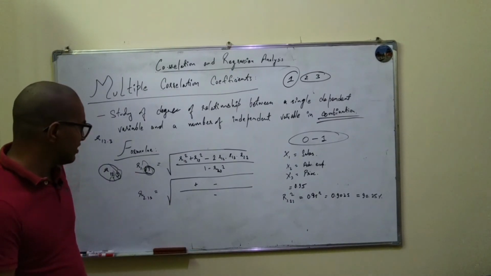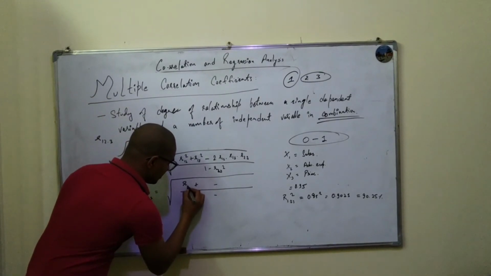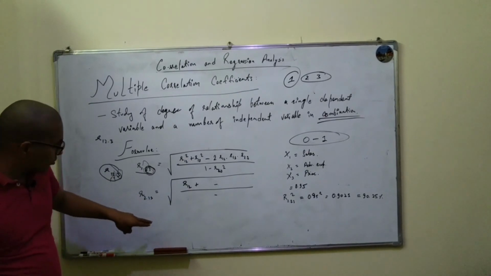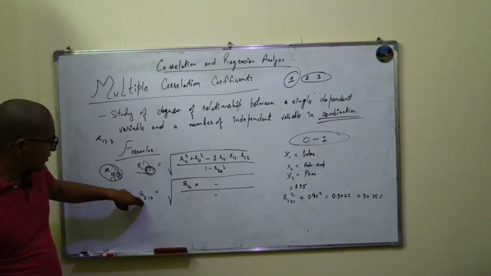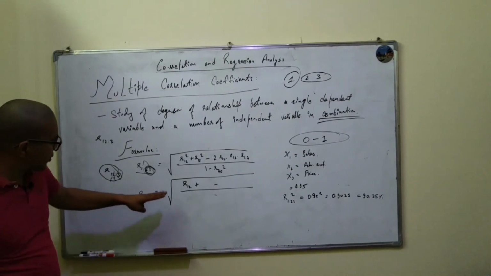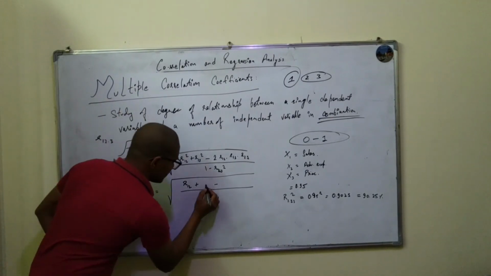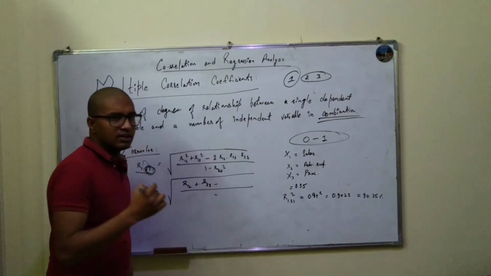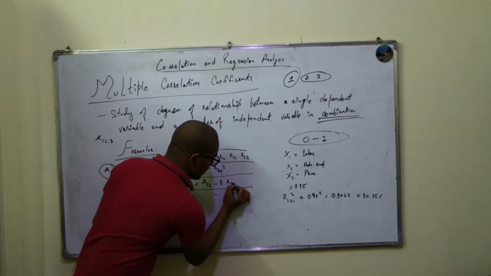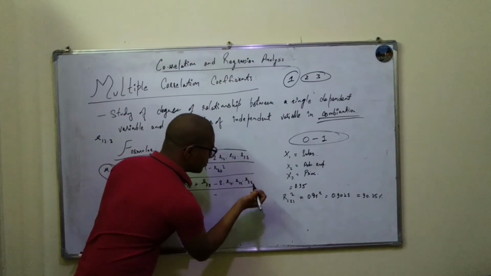So how will we write it in a formula? The formula is pretty simple. For R1.23, first of all we write these two numbers, R12 and R13, okay? You can write it in any order, R21, R12, anything, okay? So next will be R23, minus 2 R12 R13 R23, okay?